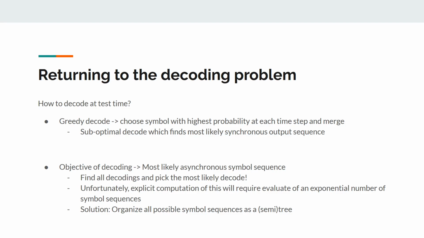And then we calculate the forward probability of each of these sequences and pick the one with the greatest probability. While this solution will definitely be correct, it would require the explicit computation of an exponential number of sequences, and because it is so inefficient in terms of time and memory, one possible solution would be to try and organize all of these symbol sequences as a semi-tree first.